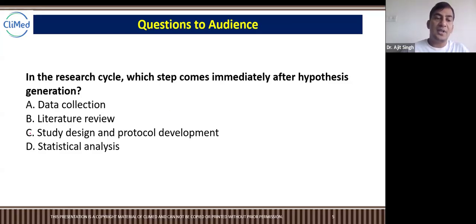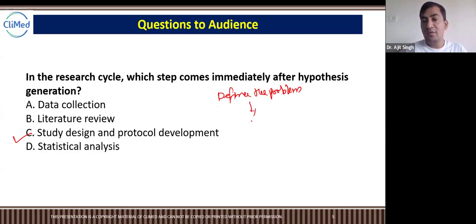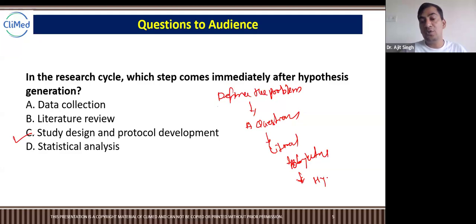I have told you in the previous classes also, guys. It starts with defining the question, defining the problem. Remember this, I'm telling you again. Then you frame a question based on the literature search, then objectives, and based on objectives you will find out the hypothesis.